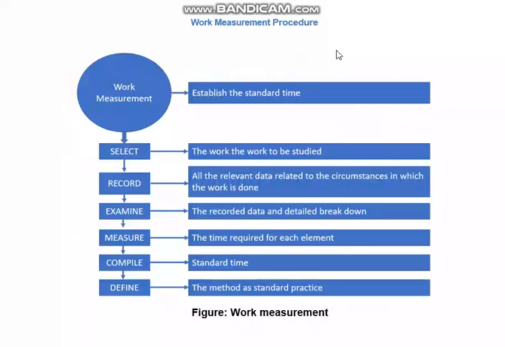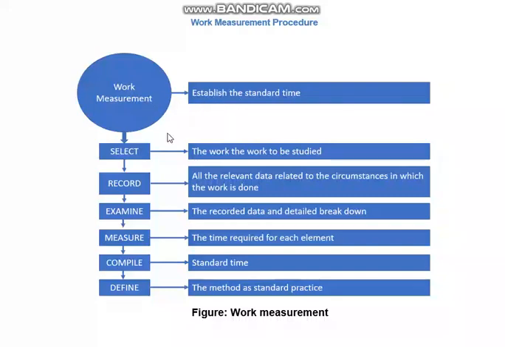Now let us see the work measurement procedure. This is the procedure, similar to what we have seen for method study also. Work measurement is done to establish the standard time. Why is work measurement carried out?